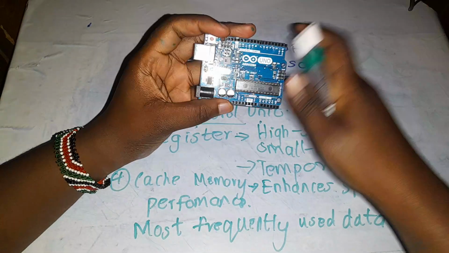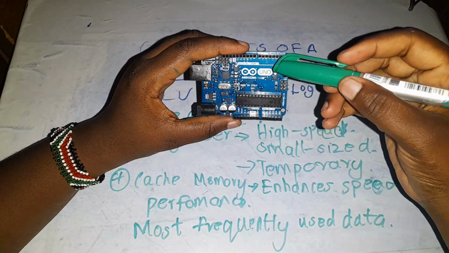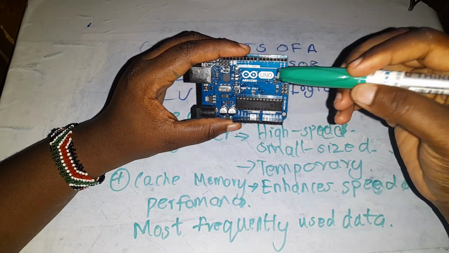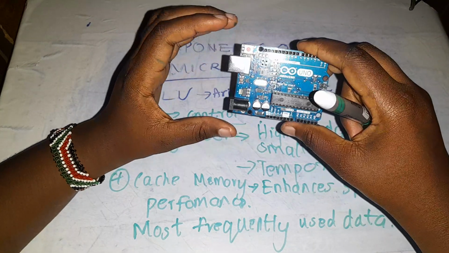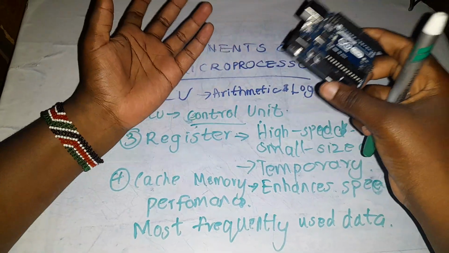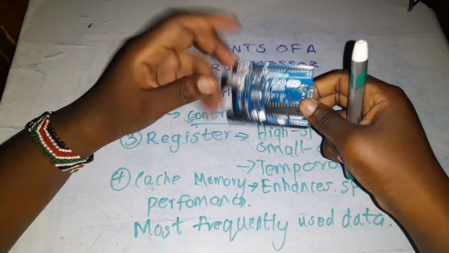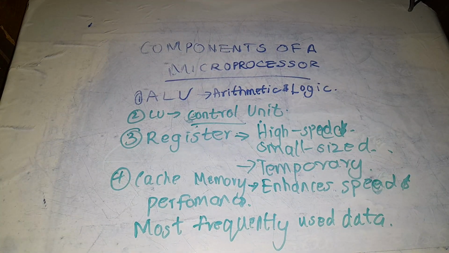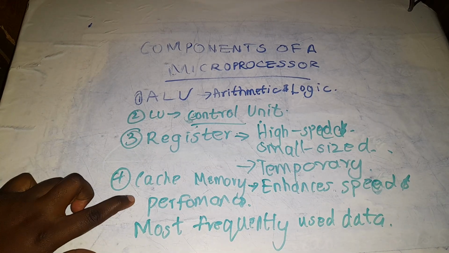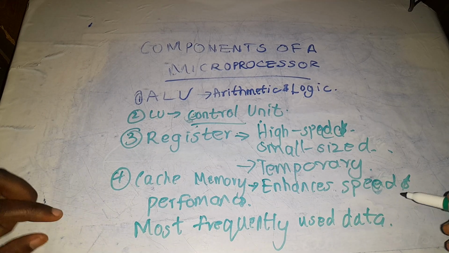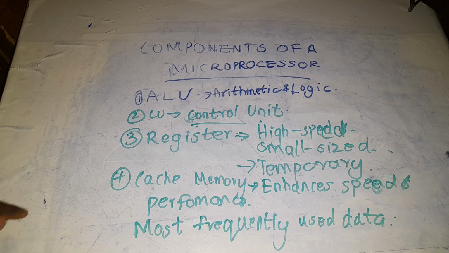But if I take my Intel Core i7 or whatever, it cannot do anything else because it needs peripherals. When I say a microprocessor has these types of memory, I mean these memories help it during execution, but it has no ability to run on its own.